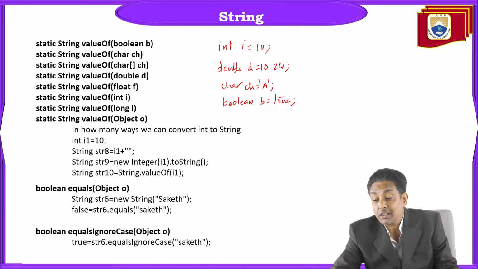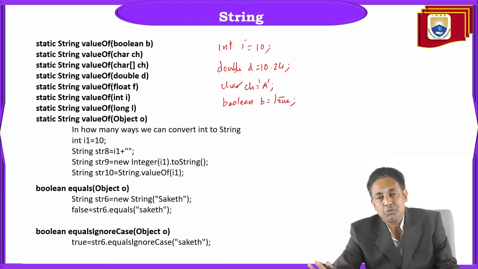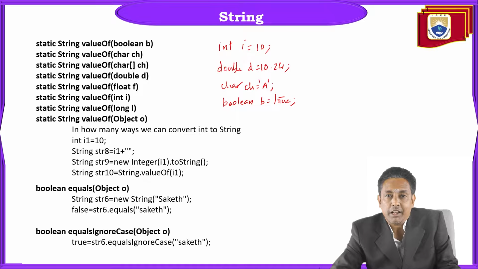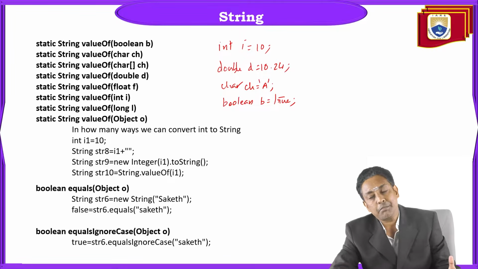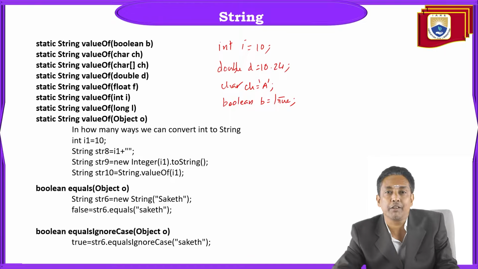In all these languages, across standalone applications, non-graphical user interface applications, graphical user interface applications, web applications, the user-entered input always comes into the application in the form of a string, whether it may be an int value, double value, char value, boolean value or a string value.